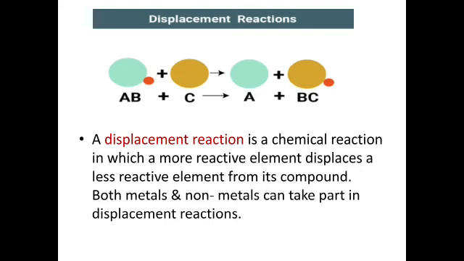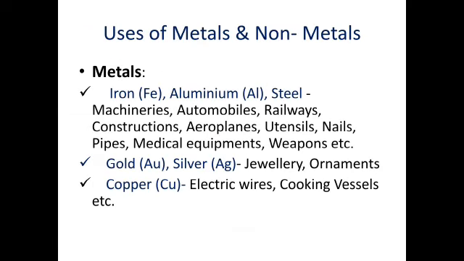Hope you have understood. Now we are moving on to our next topic, that is uses of metals and non-metals. You might know most of the uses of metals and non-metals. Here I am listing some of them.